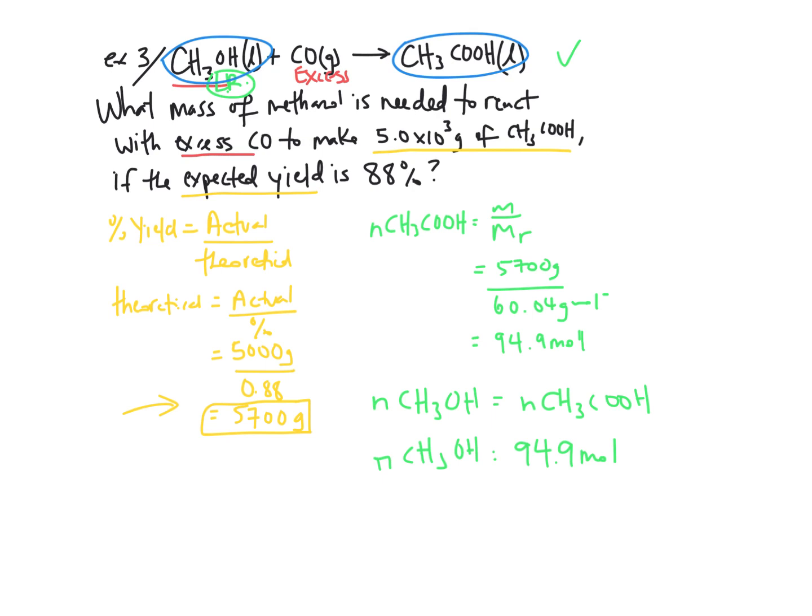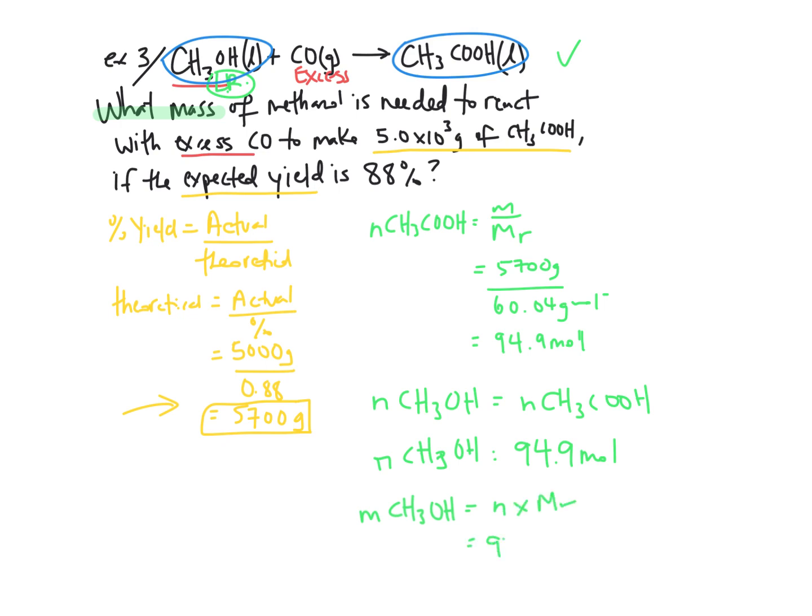All right. So we're done, right? Not quite, because it asks us what's the mass. So we have to convert that to mass now. Of course, we need the molar mass of methanol to do that conversion. So the mass of methanol is going to be equal to the moles times the molar mass.